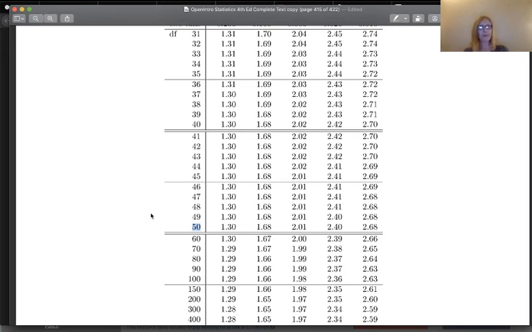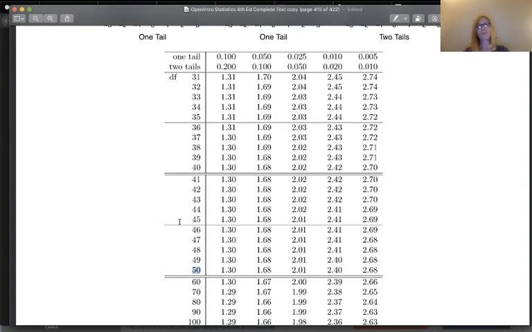It's probably going to be pretty close. Don't use the bigger one, because we don't want to assume a larger sample size than we've got. Make sure you always take the next smallest degrees of freedom to be more conservative. So I'm going to use 50 in this case. And our tail area, we're going to be looking at the very end.